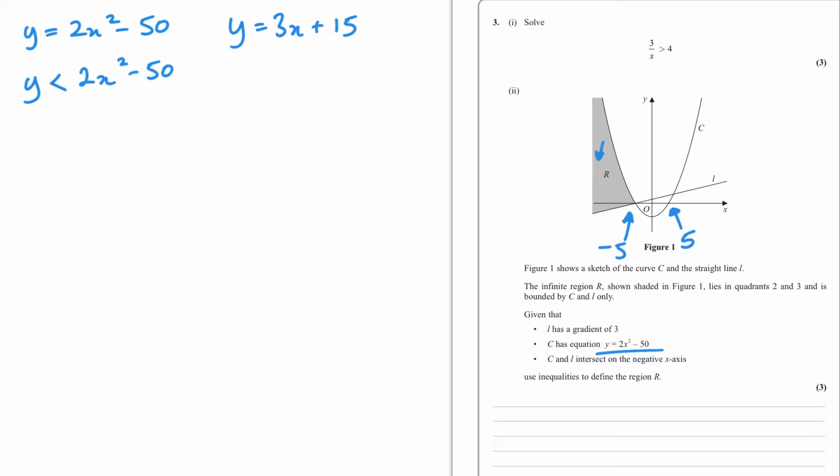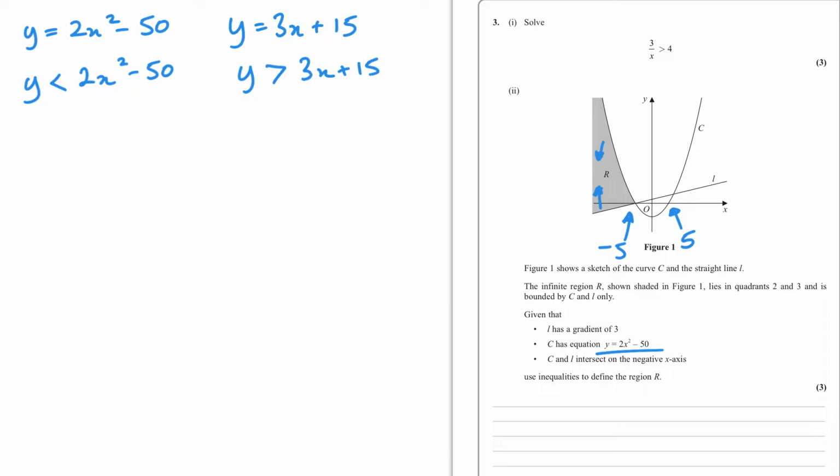And that will give me everything below the curve, everything underneath that whole curve. Then I want everything that is above the line, so y is greater than 3x plus 15. And that'll give me everything above the line.